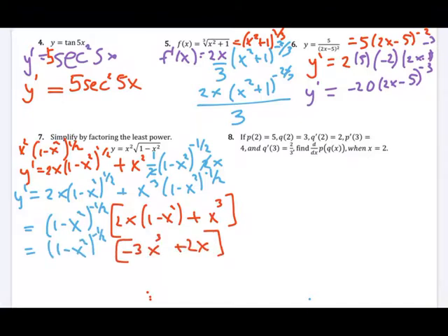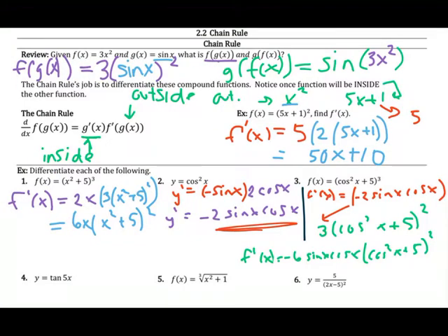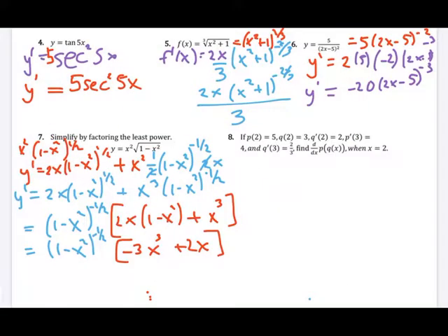That's going to bring me here, and I guess if I could do one more step of factoring, I could actually take an x out, which would give me the following. I think either of these last two steps would be an acceptable version of the answer based on these directions. But notice that was a great example. It uses the product rule and the chain rule both in the same question.